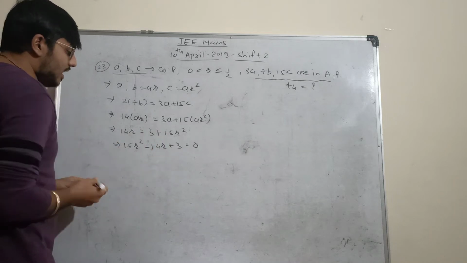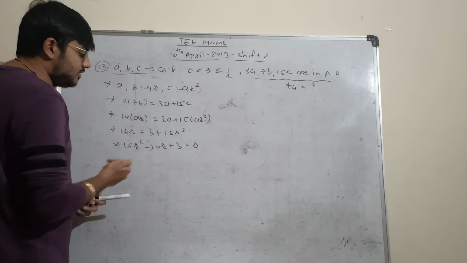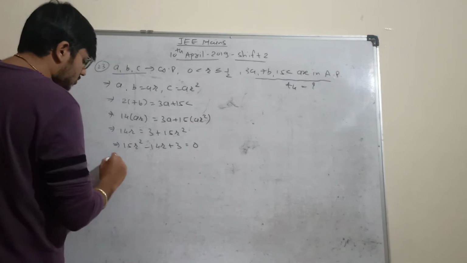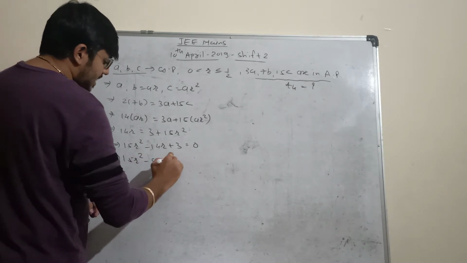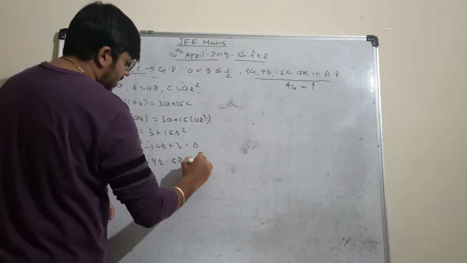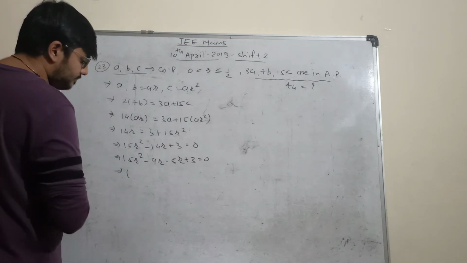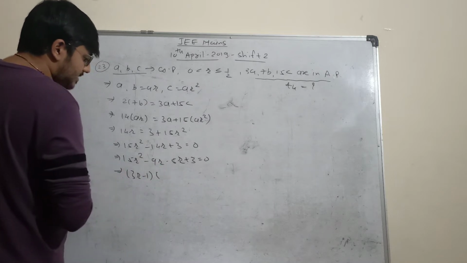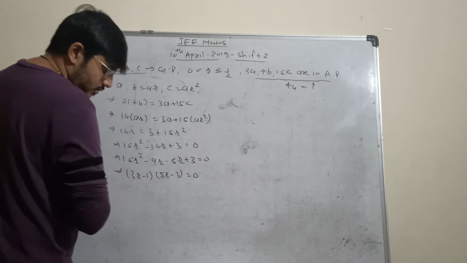So for the roots, we want factors of 45 whose sum is 14, so it will be 9 and 5, right? By the basic rule of factorization, 15r squared minus 9r minus 5r plus 3 equals 0. So the first factor will be 3r minus 1 and the second factor will be 5r minus 3 equals 0, right?